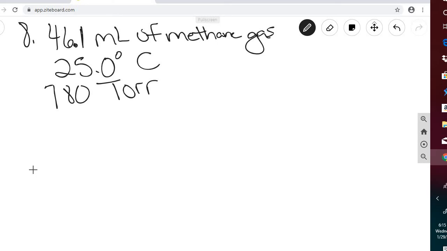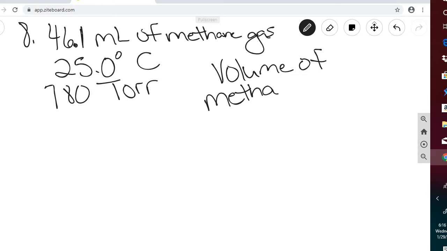What would the volume of methane be? So this is what we started with under these conditions. What would the volume of methane be at STP? That's what they're asking us. That's our question.